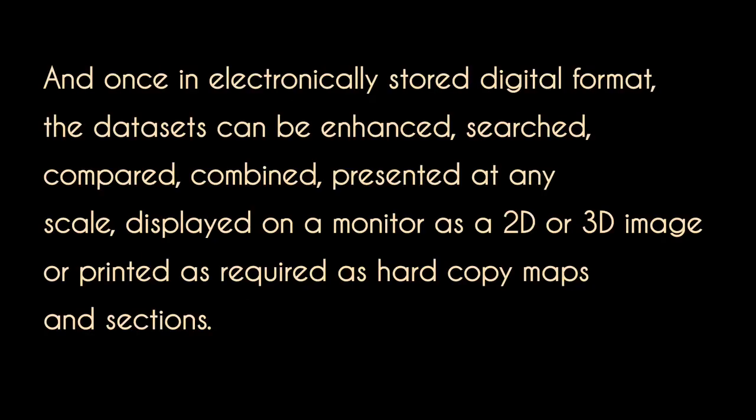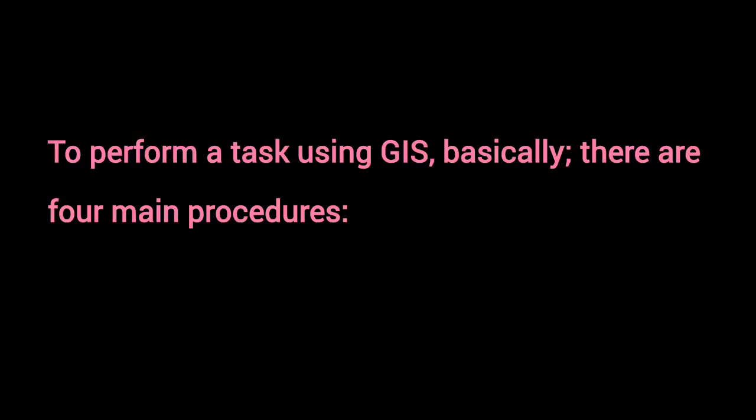Once in electronically stored digital format, the datasets can be enhanced, searched, compared, combined, presented at any scale, displayed on a monitor as a 2D or 3D image, or printed as required as hard copy maps and sections. To perform a task using GIS, basically there are four main procedures.